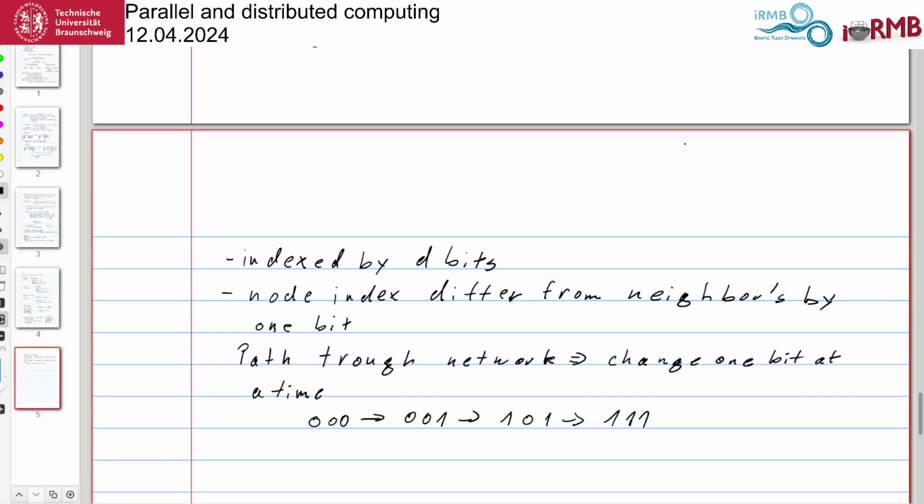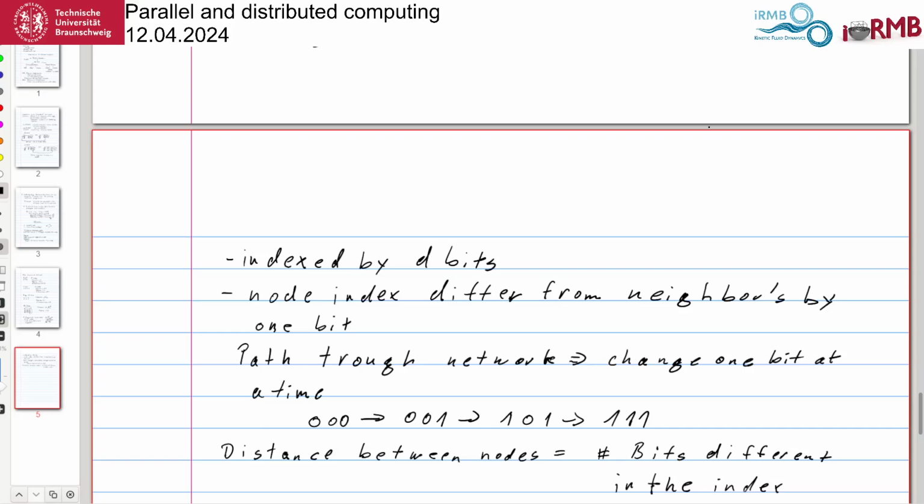This also implies that we can compute the distance between nodes: it is the number of bits that are different in the index.